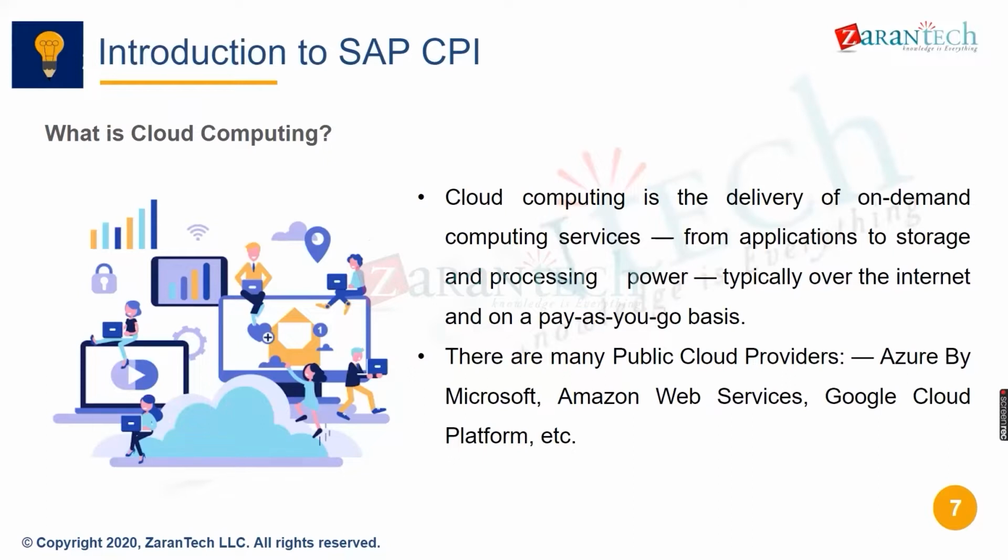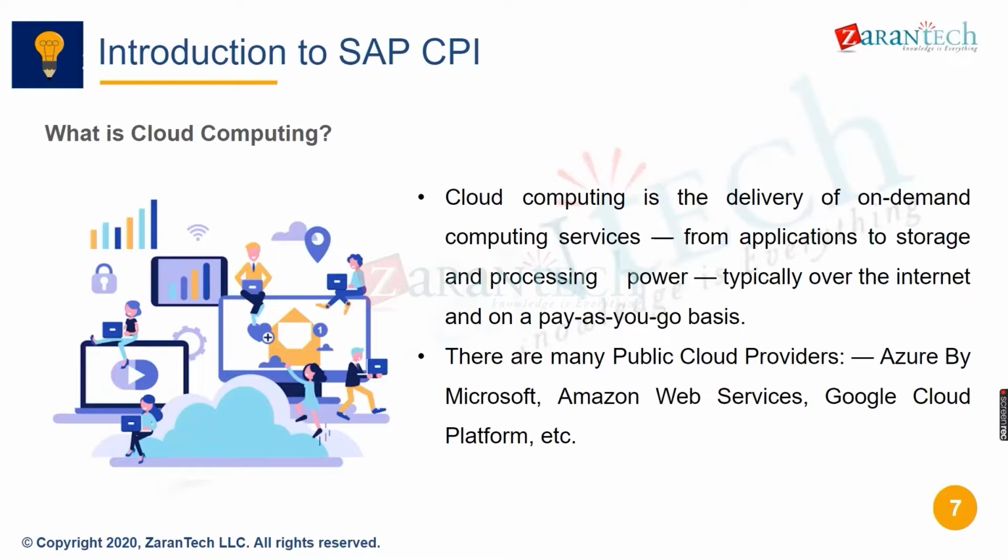But with cloud computing, the servers and everything are sitting on the internet. Whenever you hear the word cloud computing, it means the computing happens on the internet. By using the internet, you do all the operations.